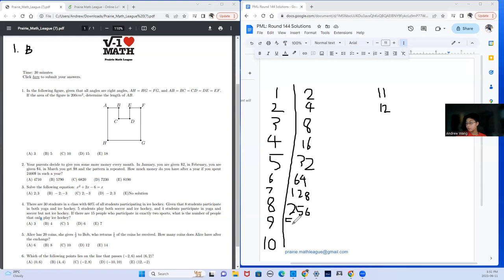Then 512, 1024, and then the last two, 2048 and 4096.